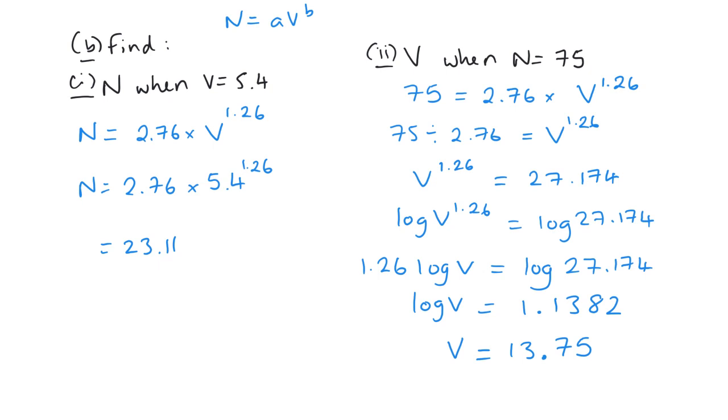So 75 lies outside the range of the original values. So we hope that the relationship is the same outside these values, but it might not. Whereas in part 1, our values for V go from 3.5 to 11.4. So 5.4 is in that region, so it should be fine. It's just that our 75 is outside that region.